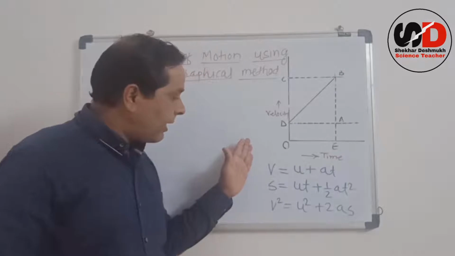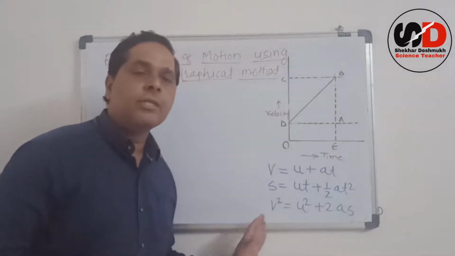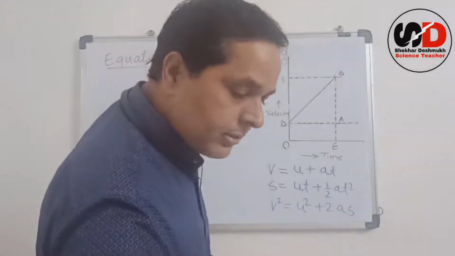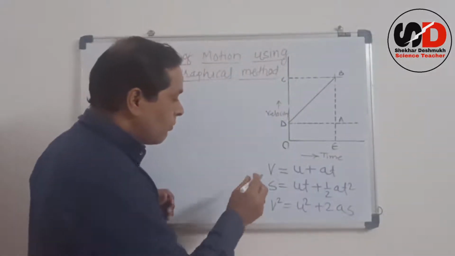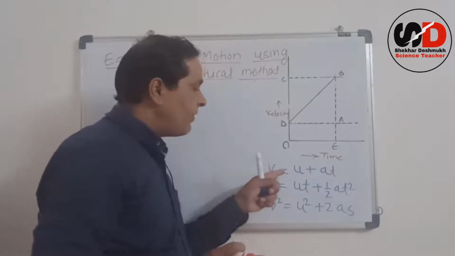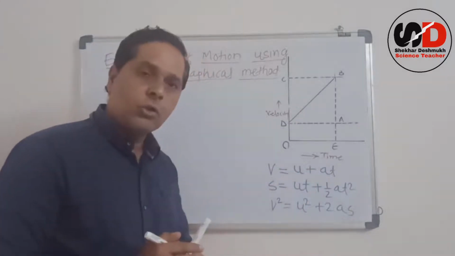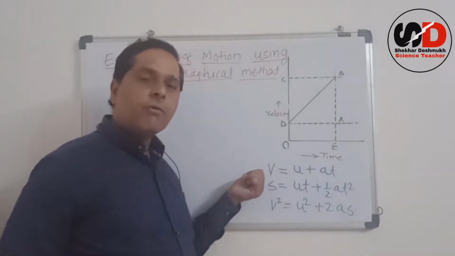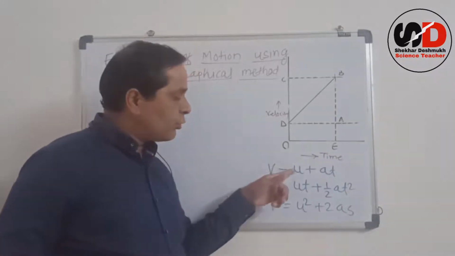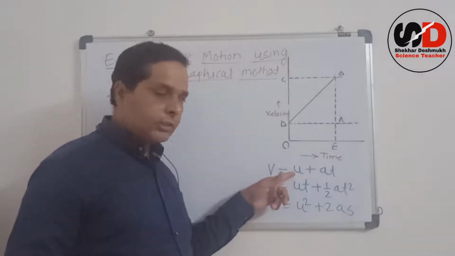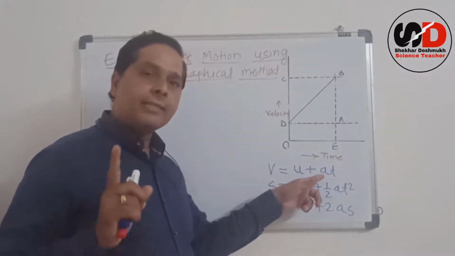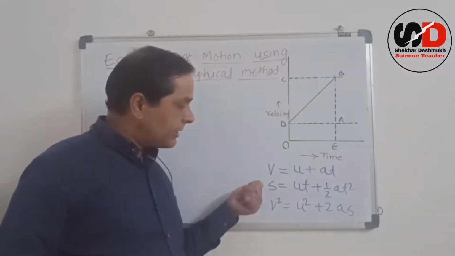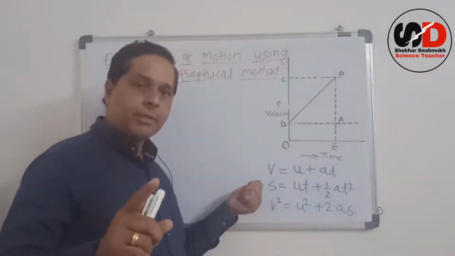We have to prove these three equations using the graphical method. In these equations, you must know the meaning of V, U, A, which we already learned. V is final velocity, U is initial velocity, A means acceleration, T means time, S is displacement.